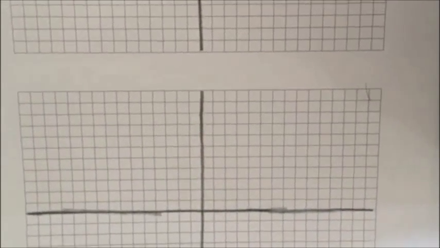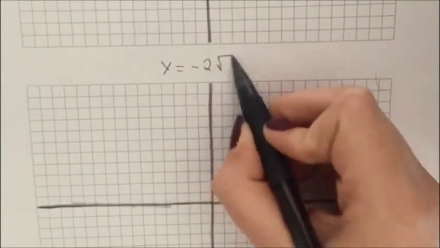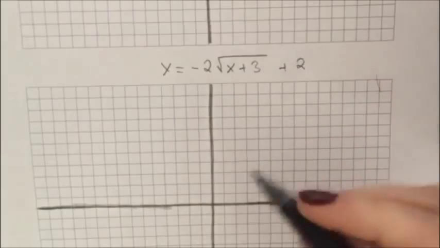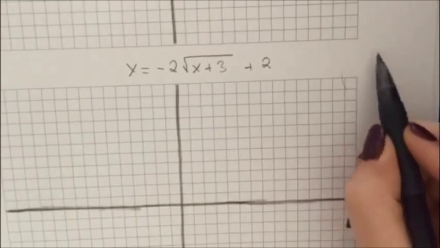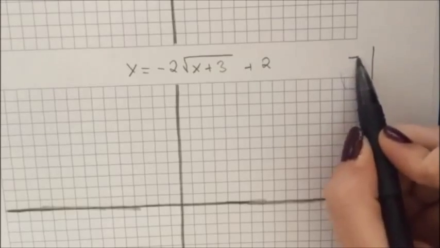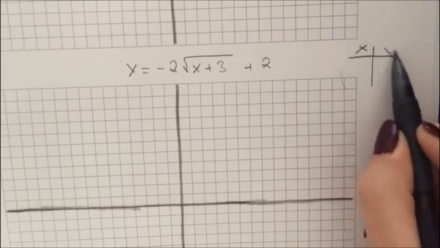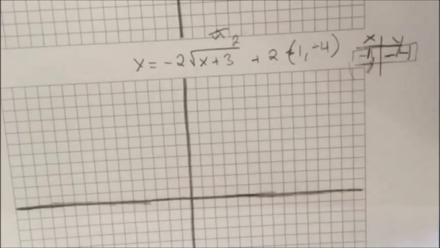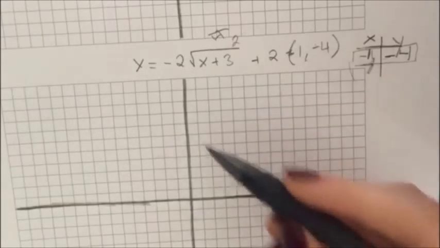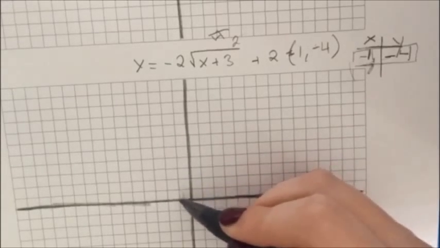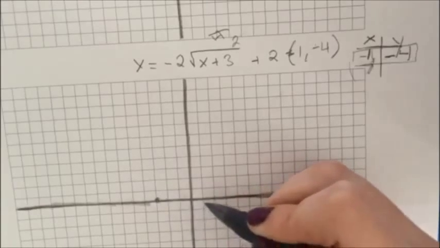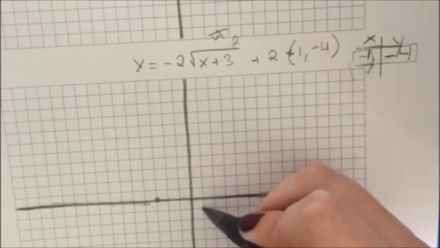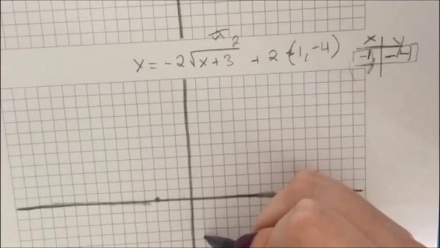So if we move down to a new graph, we can make a table of x and y values that show the reference points. Because it was shifted to the left, 1, 2, 3, now it's 1 and negative 4. 1, 2, 3, 4.